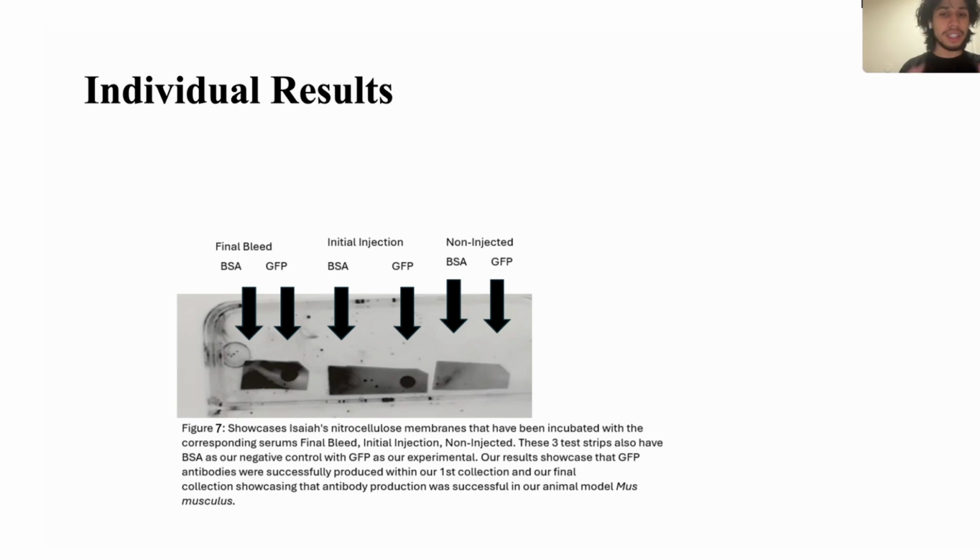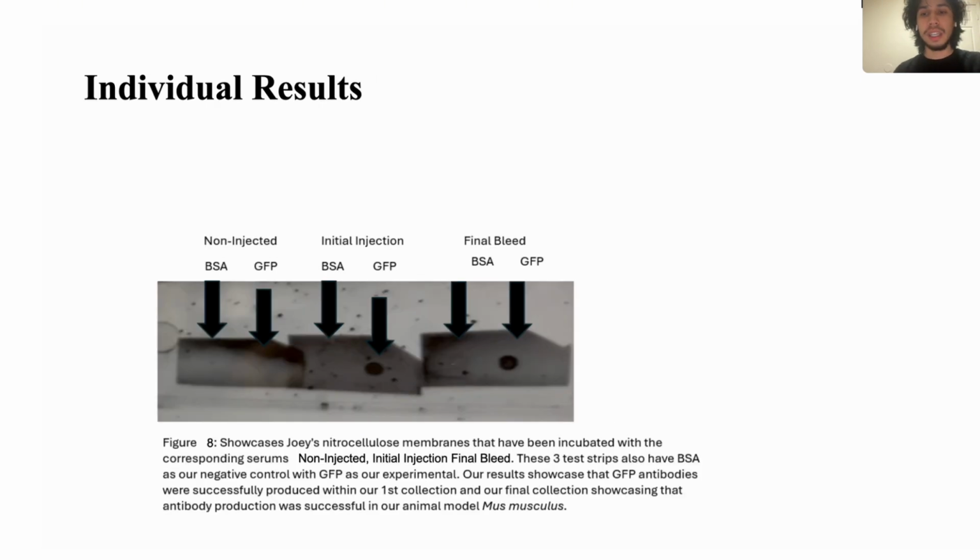So we do have other results as well. So here we see Joey's, and these are clearer as well. So our non-injected on our BSA, no sign of any antibodies binding. On our GFP as well, perfect. This is literally what we want.